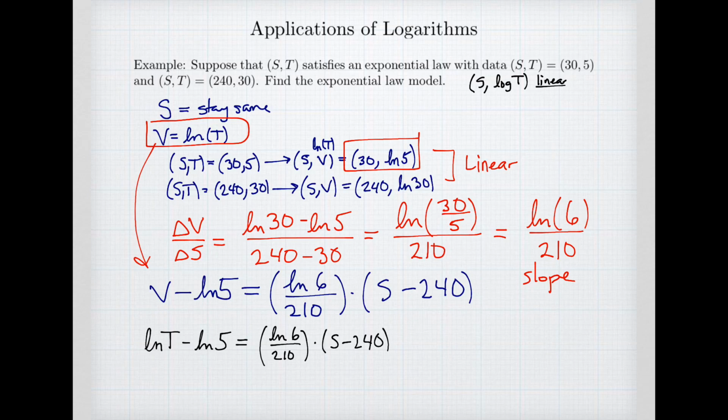So I'm able to now rewrite the left-hand side. That's the natural log of t over 5. And on the right-hand side, it's unchanged, natural log of 6 over 210, times s minus 240. And we can make this look a little bit nicer. Can we use our properties of logarithms?